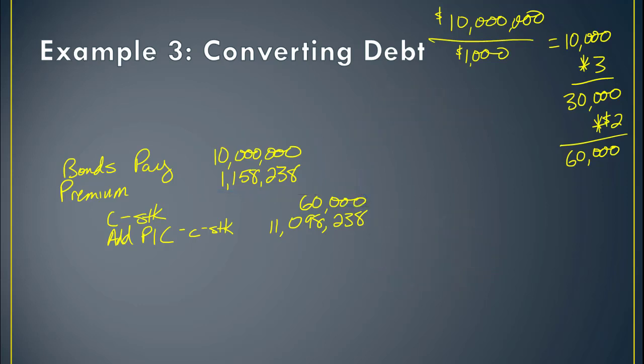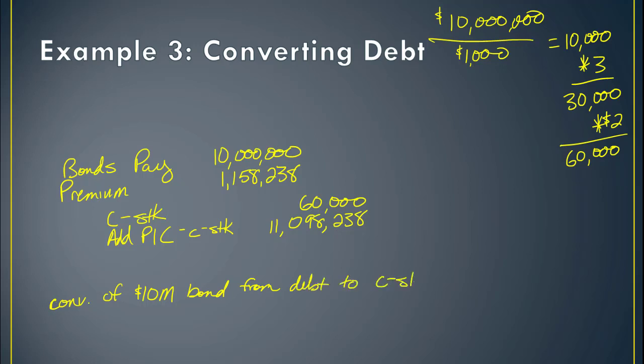And that's it. There's no gain, there's no loss. Remember, I'm just transferring from debt to equity. And this is conversion of $10 million bond from debt to common stock.